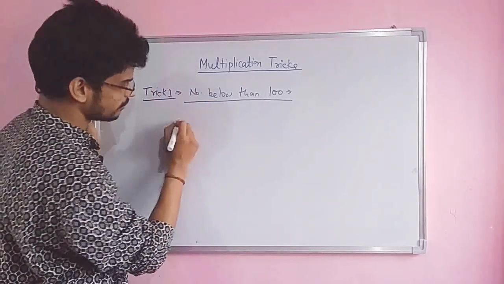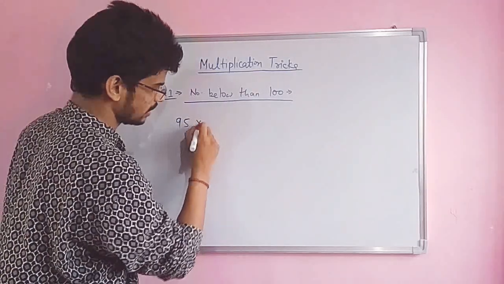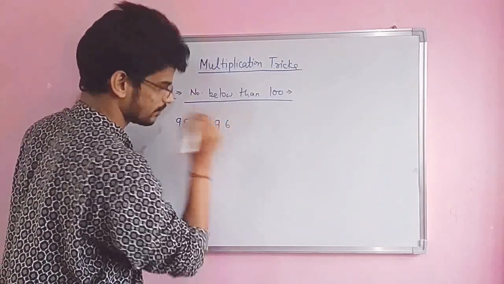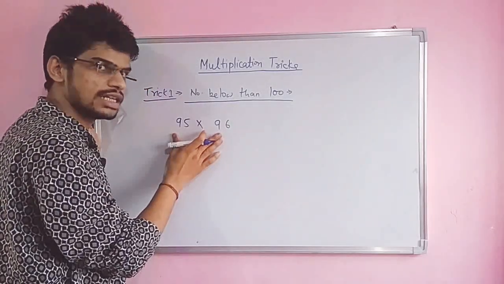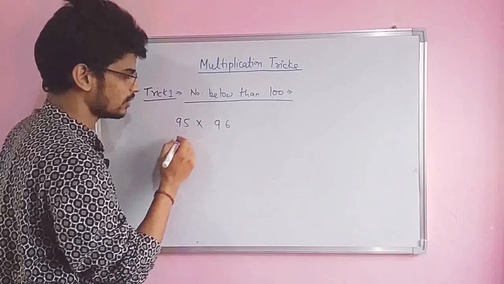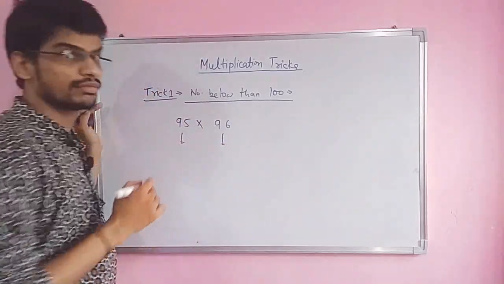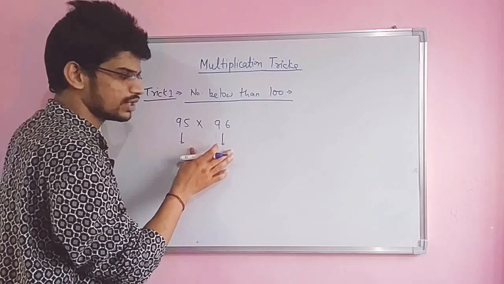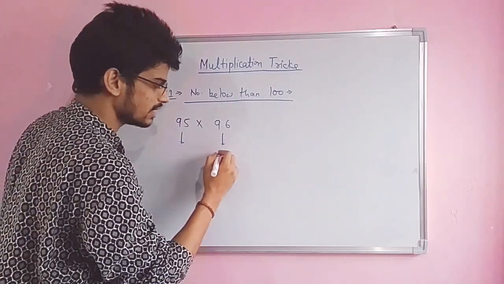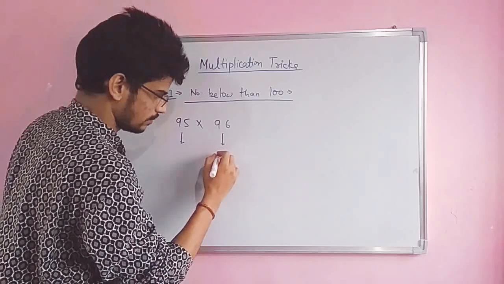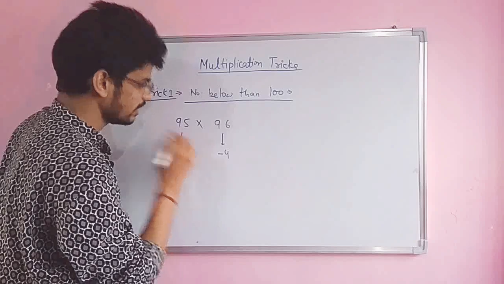First of all, if we have the number 95 multiplied by 96, these numbers are lesser than 100. So in the first step we find how much each is lesser than 100. It is lesser than 100 by 4 and it is lesser than 100 by 5.